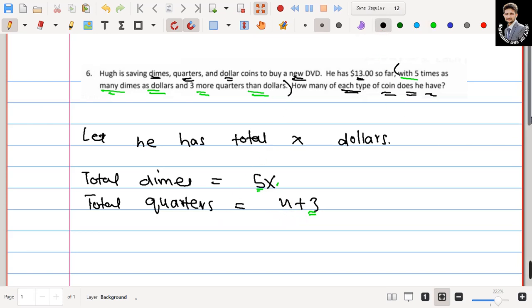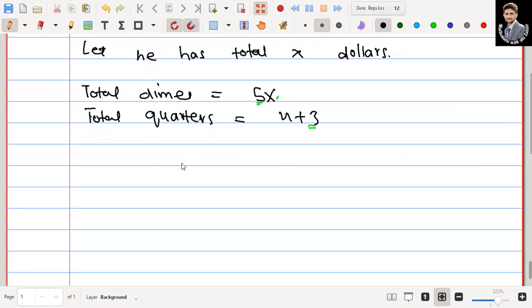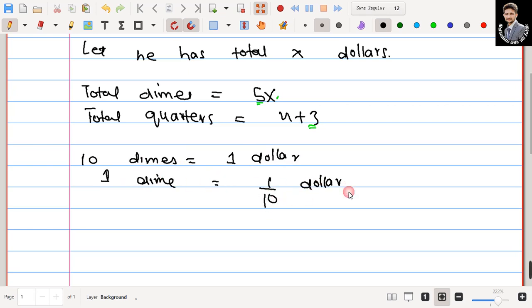Now understand two things here. First thing is that 10 dimes is equal to $1. So from here I can say that 1 dime is equal to 1 divided by 10, that is $0.1.